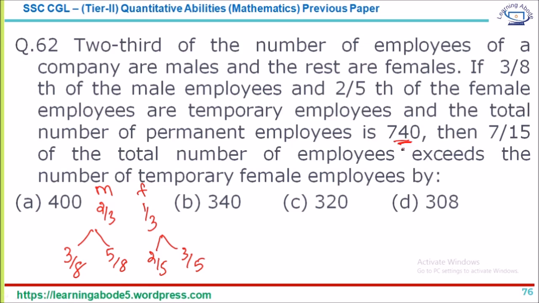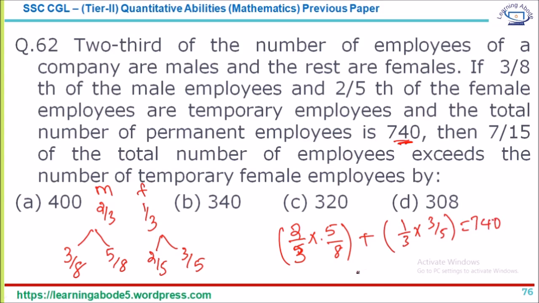The number of permanent employees is 740, so that is 2/3 of 5/8 plus 1/3 of 3/5. Now that's equal to 740. So this is 5/12 here, this is 1/5.